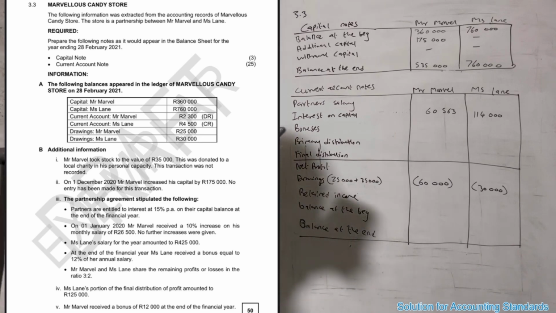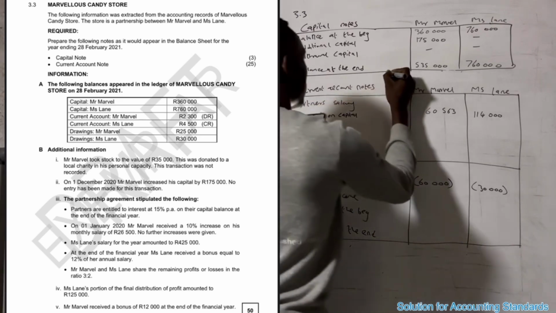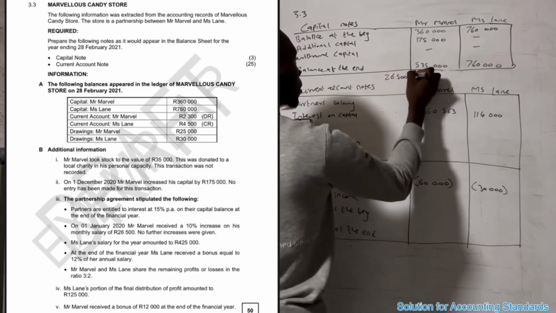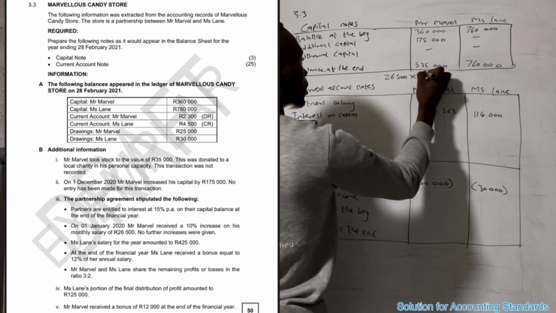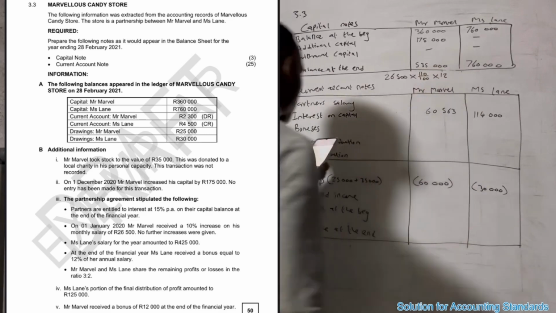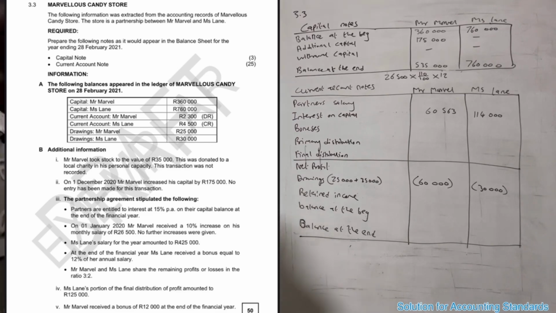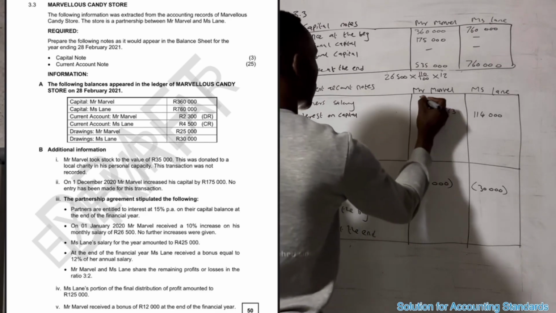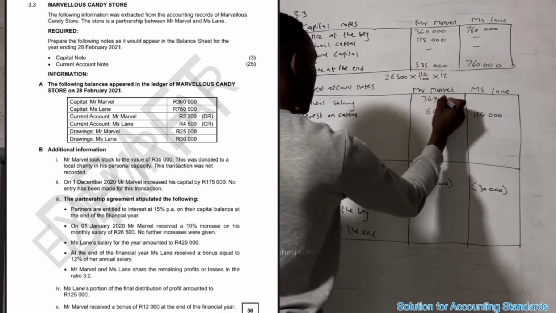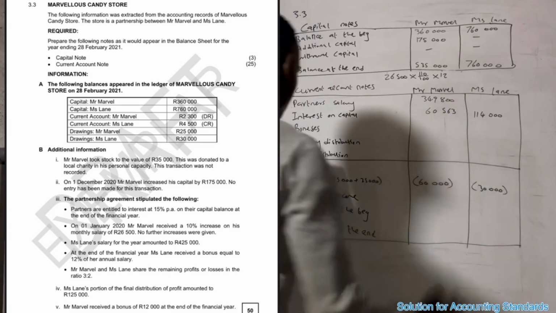Okay, let's calculate the increase. 26,500 multiplied by 110 over 100. After that, you multiply by 12. Then you are going to get an amount of 349,800.